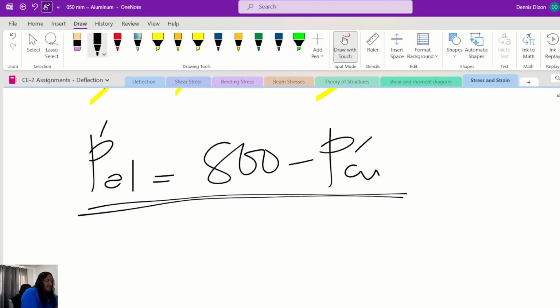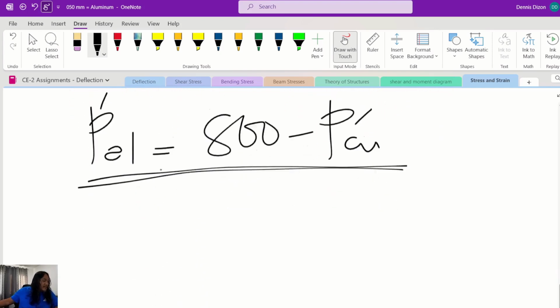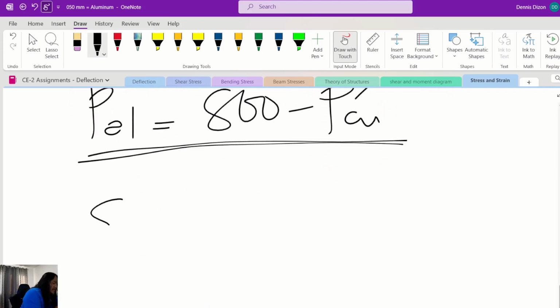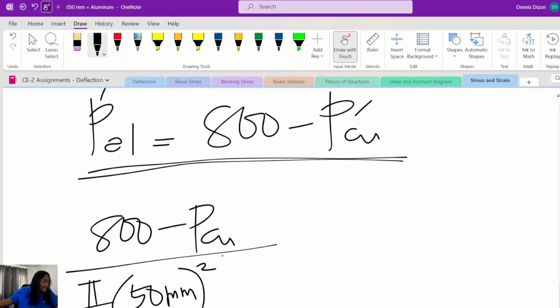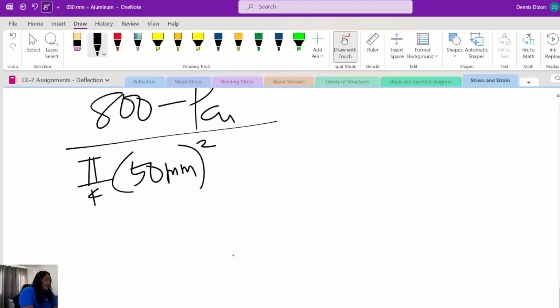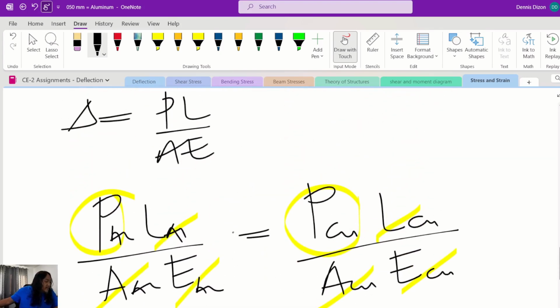So if we have this formula, we will substitute into equation 2, which is PL over AE. So this is (800 minus PCU) over the area of the aluminum, which is pi over 4 times 50 millimeter squared. The modulus of elasticity: this is in Newton, this is in millimeter, so we will have our E in megapascal.